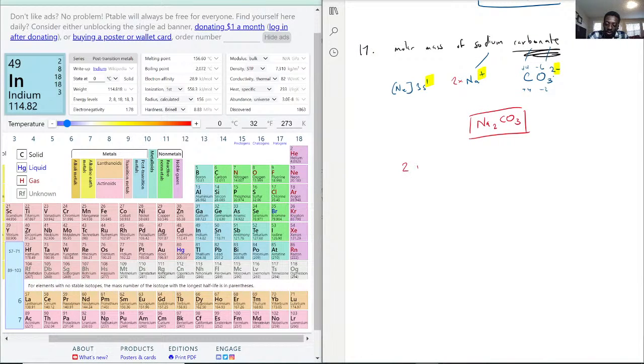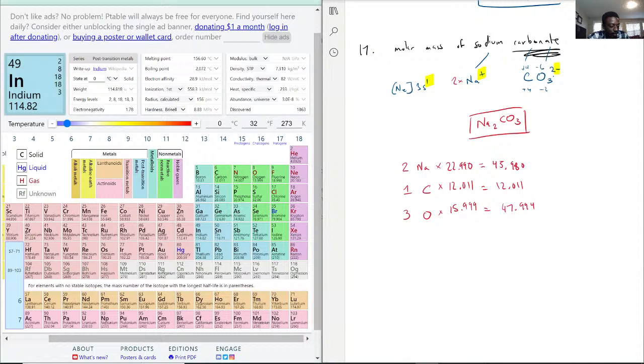Same way, 2 Na, 1 C, 3 O. That'd be 22.990. Carbon is 12.011, and oxygen is 15.999. Okay, that'd be 45 point, I need a calculator, times 2, 45.980, 12.011 still, and then 47.994.